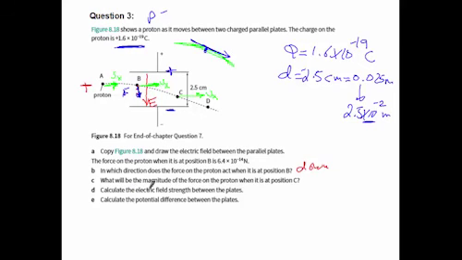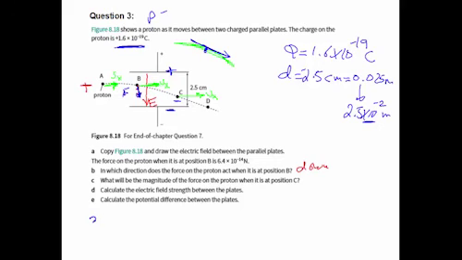Now what will be the magnitude of the force on the proton when it's at C here? As we know, the magnitude of the force is constant anywhere inside the electric field.